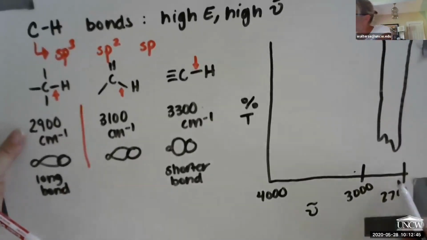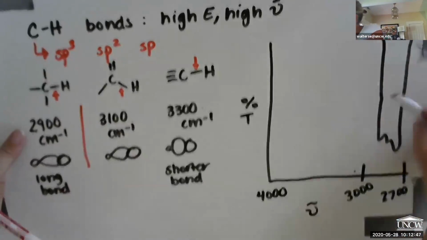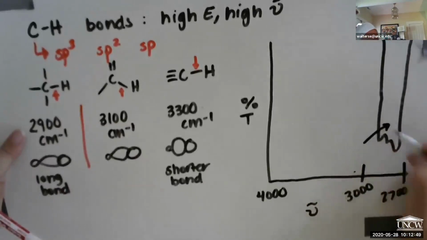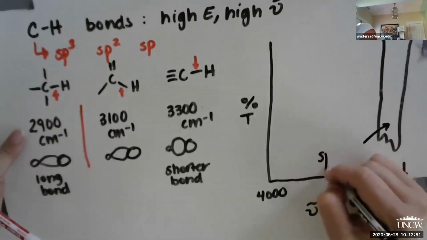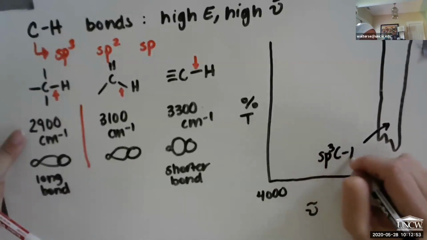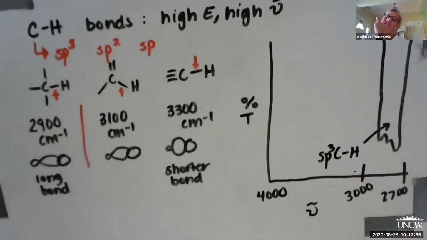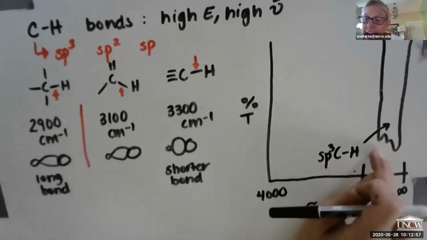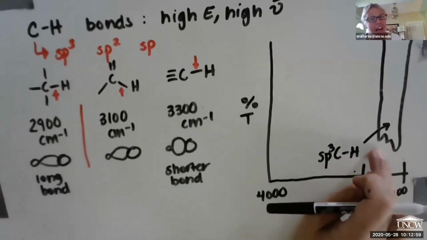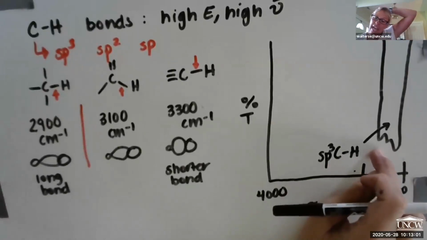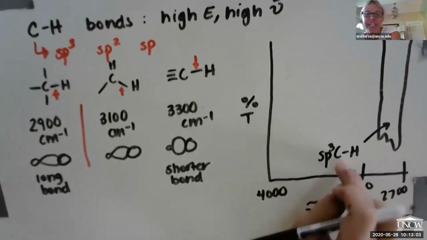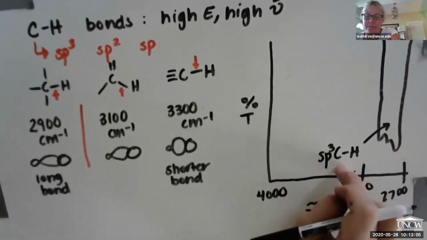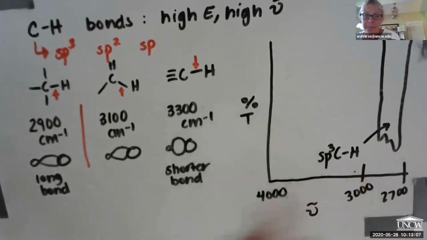Anything in this region came from an sp3 carbon bonded to a hydrogen. You're going to see this in a lot of your molecules because it's a very common bonding arrangement.